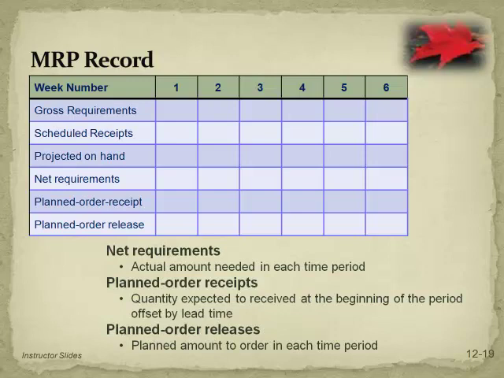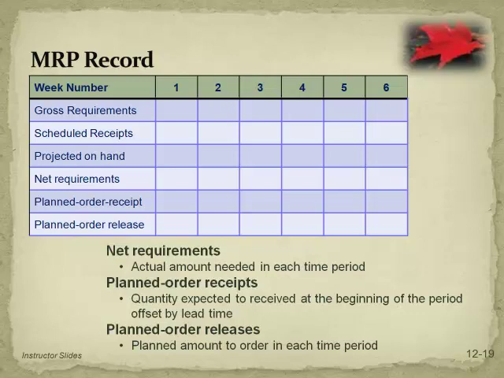A couple of other rows on here: net requirements. Again, going back to the paycheck example, net pay, net requirements is the actual amount that's needed for each time period. Then planned order receipts. Whenever the projected on-hand balance becomes a negative number, that indicates that we need to have a certain amount of inventory arrive on that particular date. MRP is going to create something called a planned order.